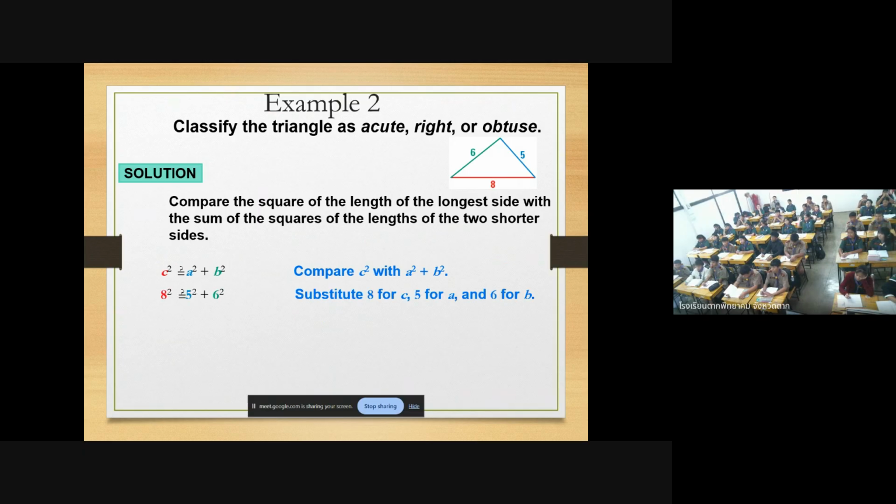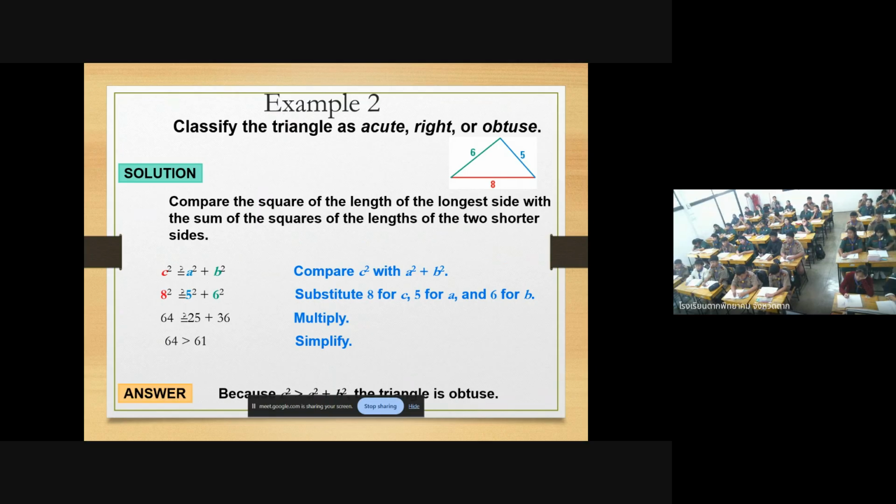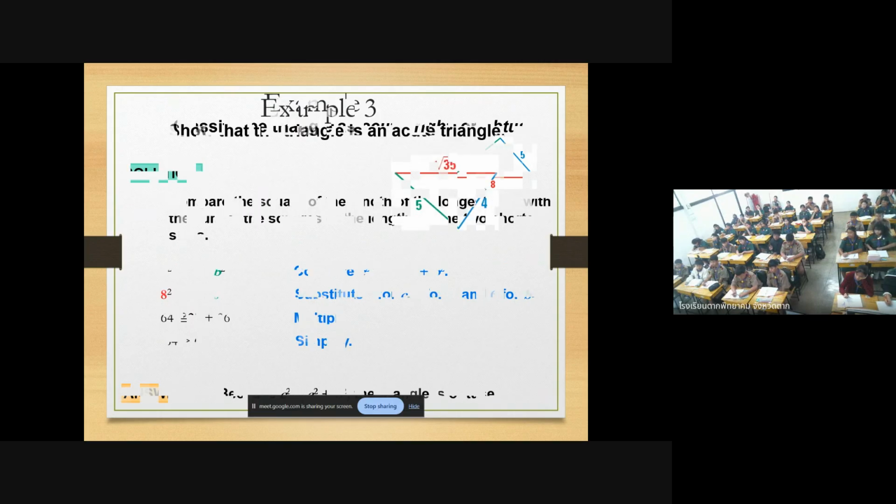So these are the expressions. We have 64, and 25 plus 36 is 61. 64 is more than 61. Therefore, the answer is obtuse. Understand?